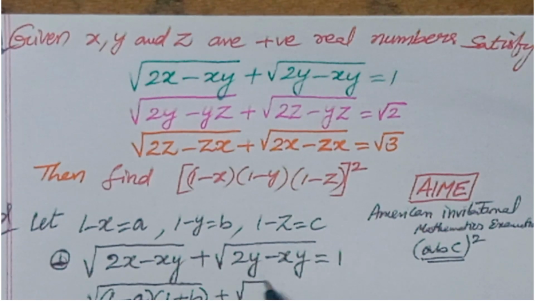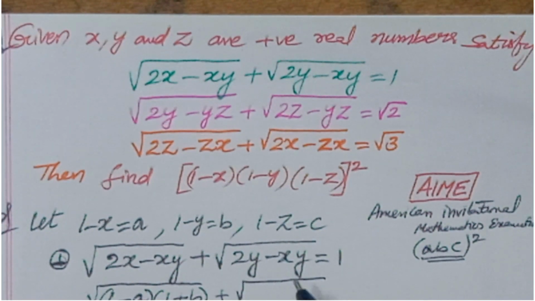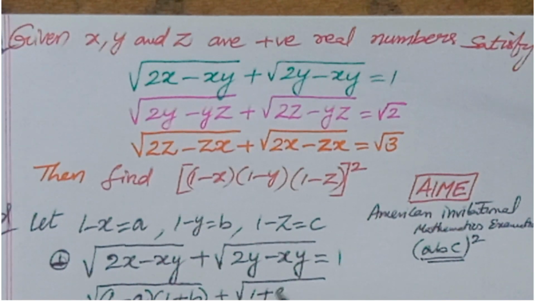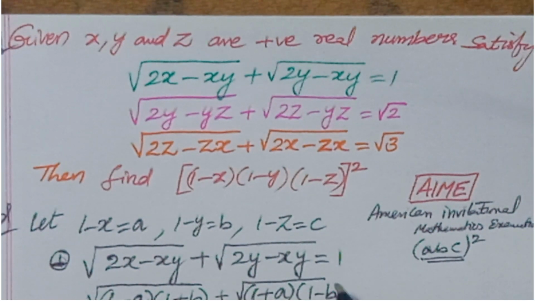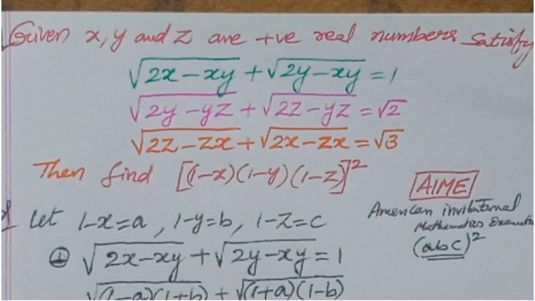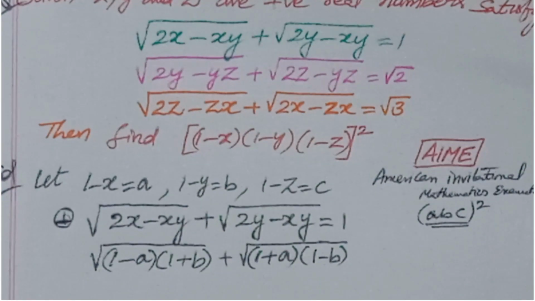The second term you can write as square root of (1 plus a) into (1 minus b).